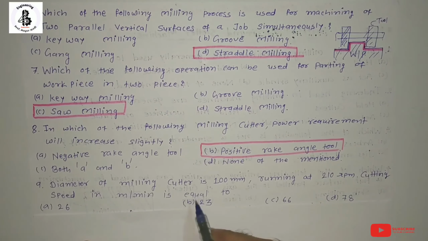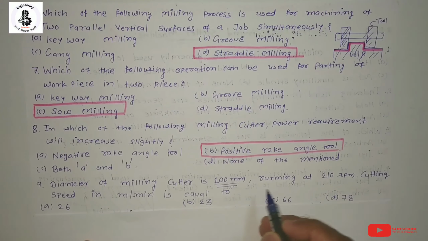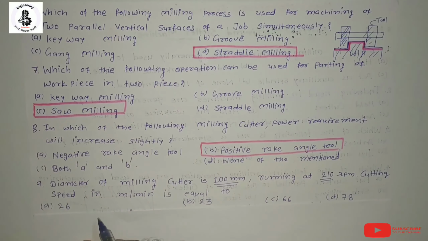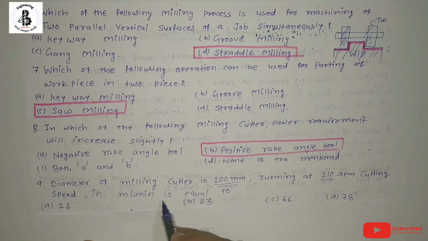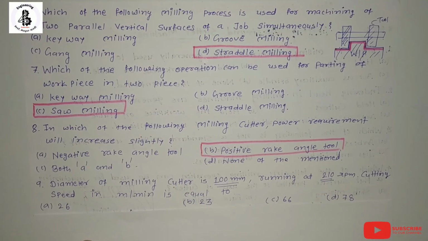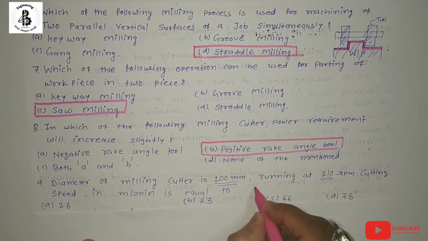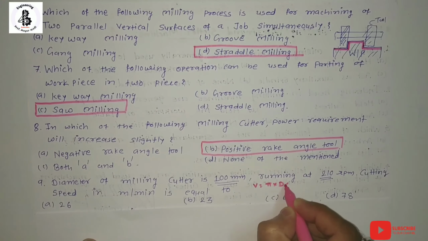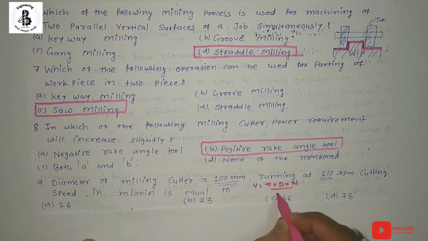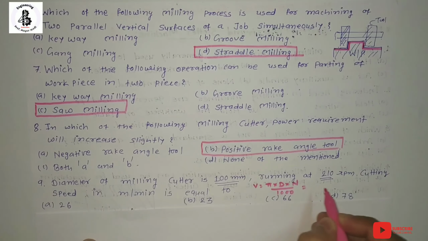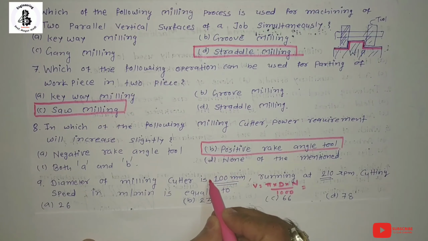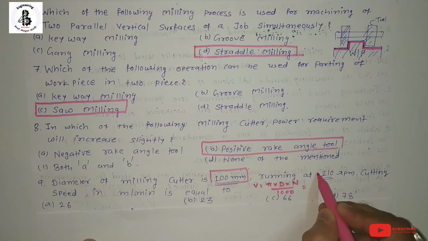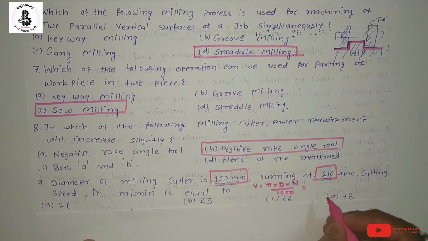Diameter of milling cutter is 100 mm, running at 210 rpm. Cutting speed in meter per minute is equal to. So just you can see, V is equal to pi d n divided by 1000. So here the diameter is 100 mm, rpm, that is the capital N, that will be 210.